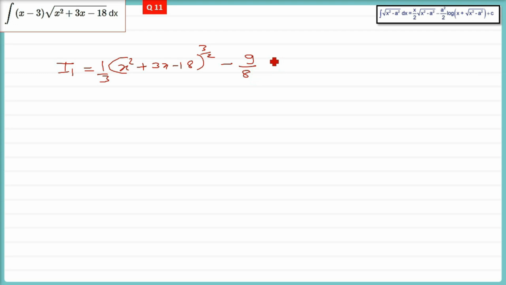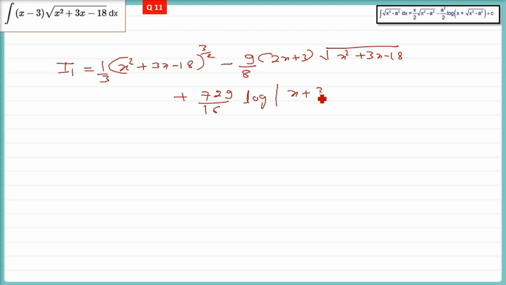I1 already written. Now adding the I2, which is negative 9 by 8 times 2x plus 3 under root x square plus 3x minus 18, and plus 729 divided by 16 log modulus of x plus 3 by 2 plus under root x square plus 3x minus 18, modulus end, and then combine the constant of integration and write that.